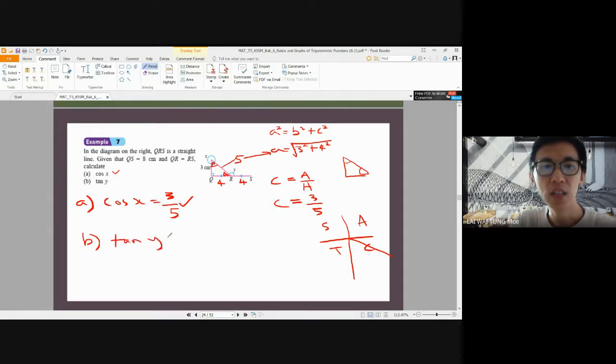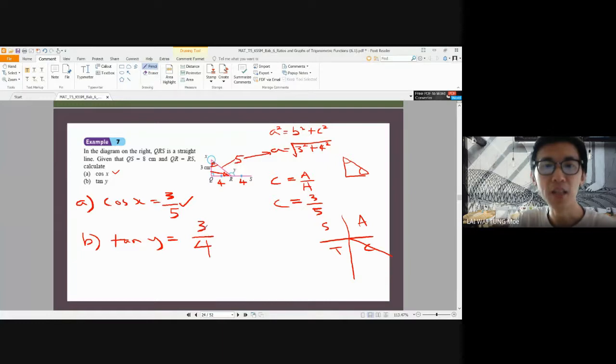Tangent is opposite over adjacent, right? So which one is the opposite side for this angle? It's 3. So 3 is opposite over adjacent. Adjacent is 4. So it's 3 over 4.